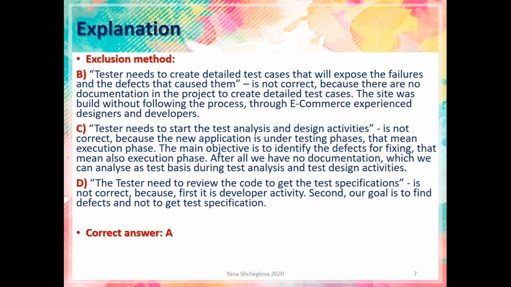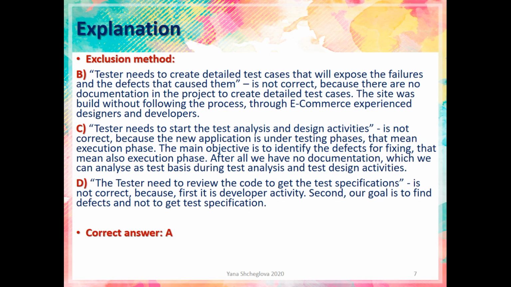C. Tester needs to start the test analysis and design activities. Is not correct because the new application is under testing phases, that means the execution phase. The main objective is to identify the defects for fixing, that also means the execution phase. After all, we have no documentation which we can analyze as test basis during test analysis and test design activities.